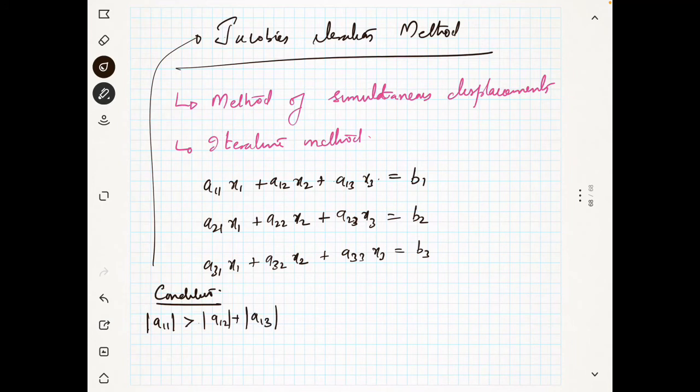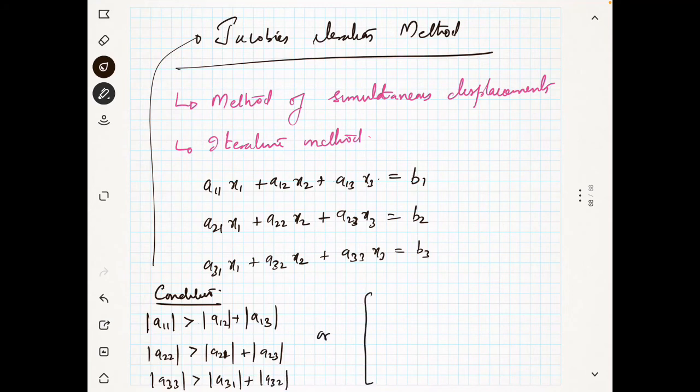the magnitude of a12 plus the magnitude of a13. Similarly, the magnitude of a22 should be greater than a21 plus a23. And the third one, a33, should be greater than a31 plus a32. That means if you write it by using a matrix, this is your x1, x2 and x3, equal to b1, b2 and b3.